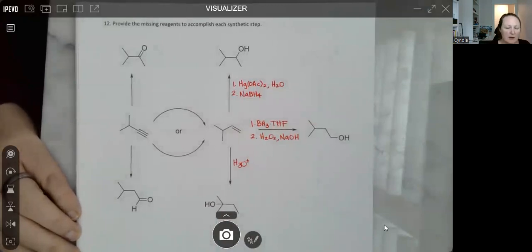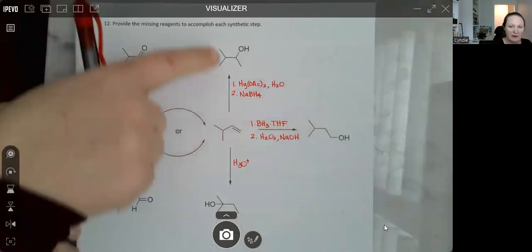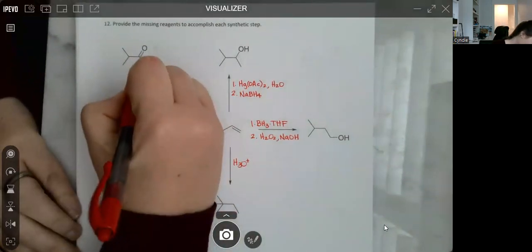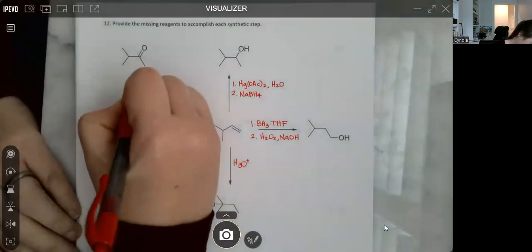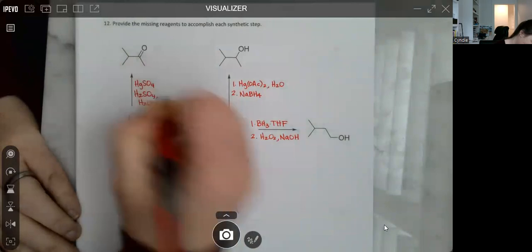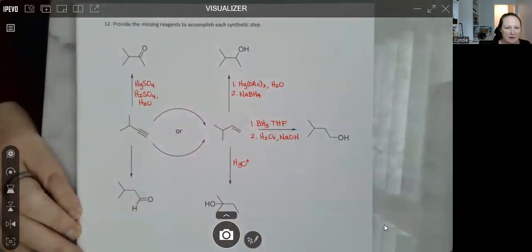Okay, so again, this is really in a way similar to the alkene. So we want to use mercuric sulfate and H2SO4 in water. If you remember one, it helps you to remember the other.